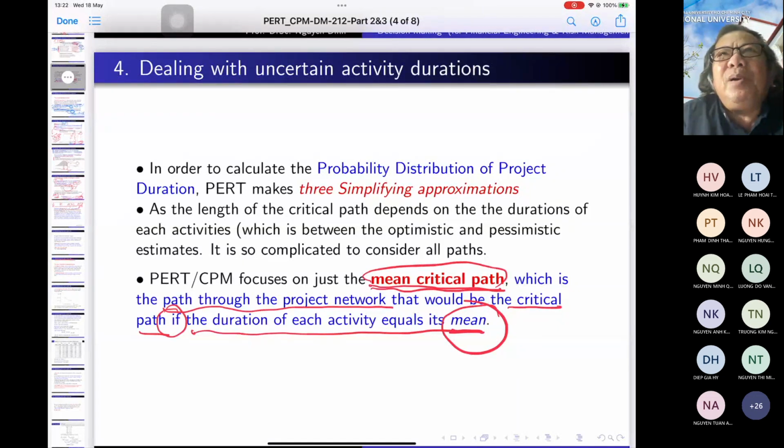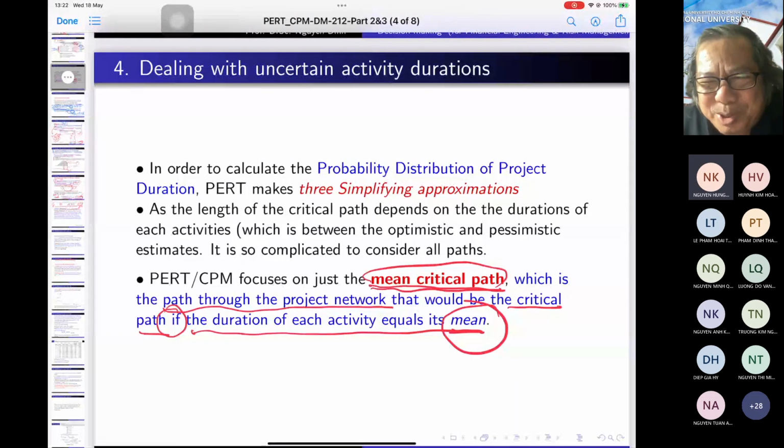In the course of optimization 2, we have a problem of finding the shortest path. Mr. Khai, you are here? Yes. You learned optimization 2 already, and you know the network model.